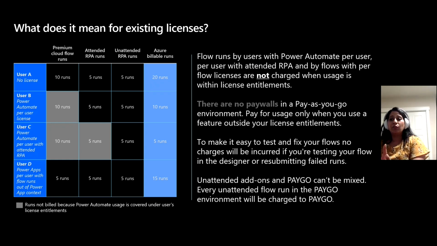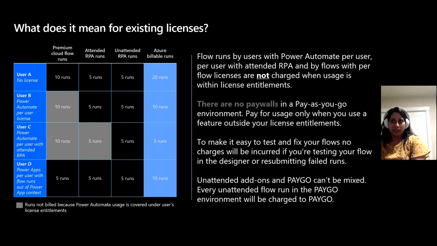That means that if your flow is created to just support the Power App, even if it triggers on background data, like the Power App updates some data, and that data update triggers a flow which is supporting the app, those flows are called in context of the Power App, which means that the flow is talking to the same data sources as the Power App, or is directly getting triggered by the Power App itself. Let's say my Power App is updating a SQL DB, and whenever a new record is inserted in the SQL DB, my flow runs. So now this flow is in context of the Power App.